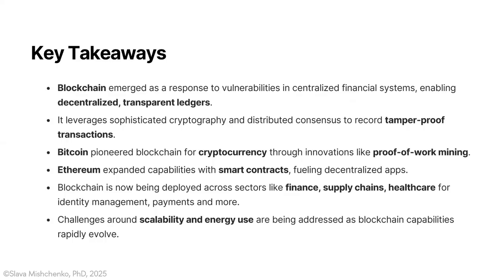Then we explored how Bitcoin pioneered the practical application of blockchain through proof of work mining, and this was followed by Ethereum's revolutionary introduction of smart contracts, which I believe was a game-changing moment that opened up entirely new possibilities.